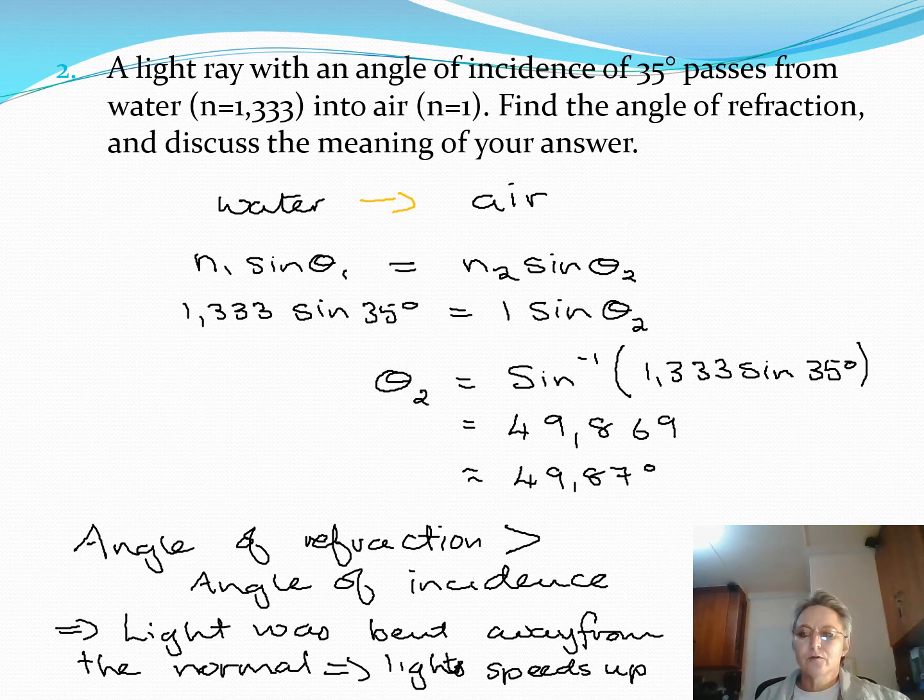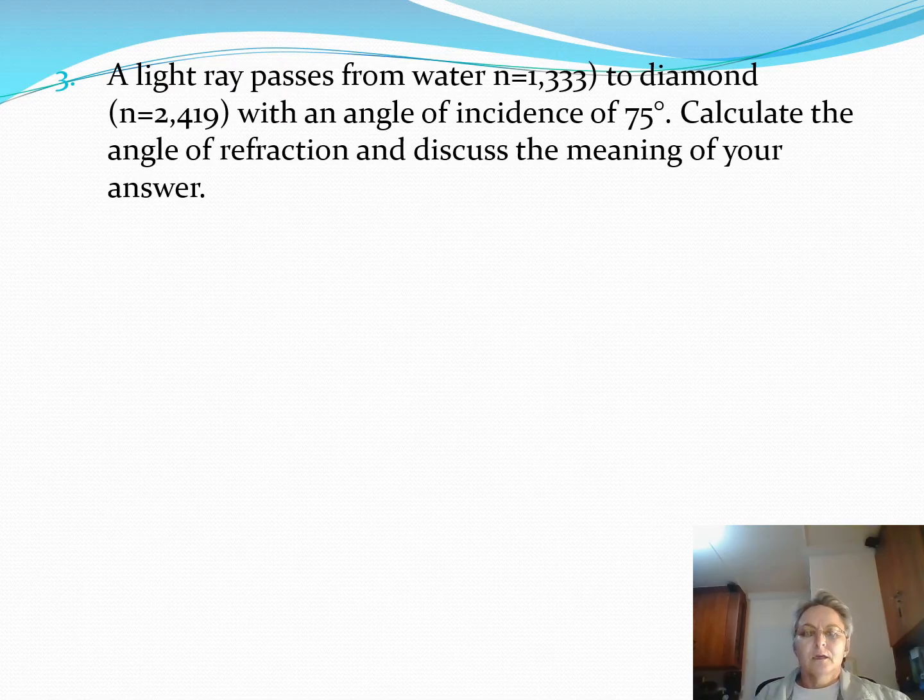Right, ready for the third calculation. Light passes from water to diamond with an angle of incidence of 75 degrees. Calculate the angle of refraction and discuss the meaning of your answer. So from water into diamond, the light goes.